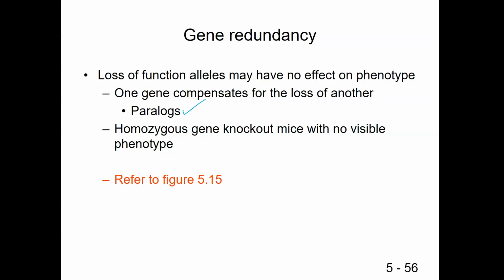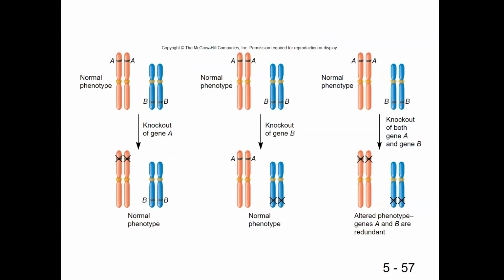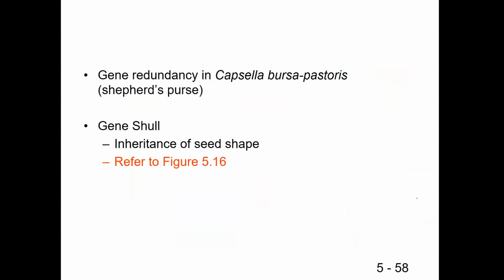And so homozygous knockout mice do not necessarily have a phenotype. So in this case, when you have a paralog, you have big A, little b, or big E, big B. You knock out A, you still have B to make up for it. Here, you knock out B, you have A to make up for it. You have to knock both of them out to see that you have redundancy occurring.